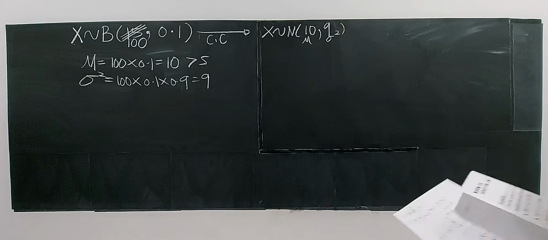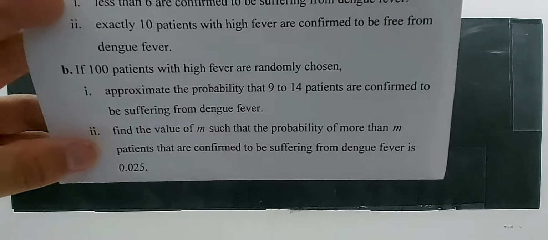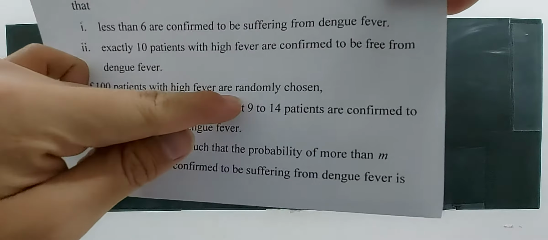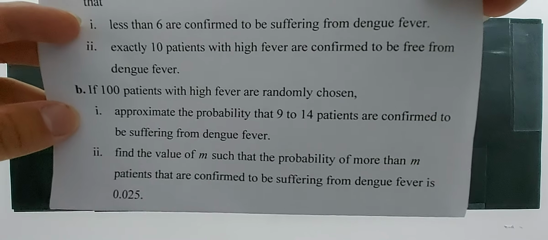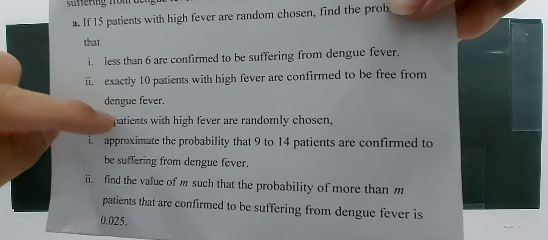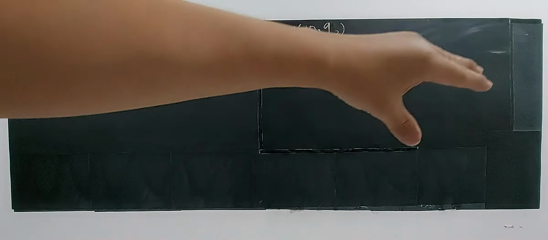Okay, and the question is asking us to find that. The question says approximate the probability that 9 to 14 patients are confirmed to be suffering from dengue fever, right? When they use the word approximate, it means that you need to use a suitable distribution here. Just now I have discussed the condition.